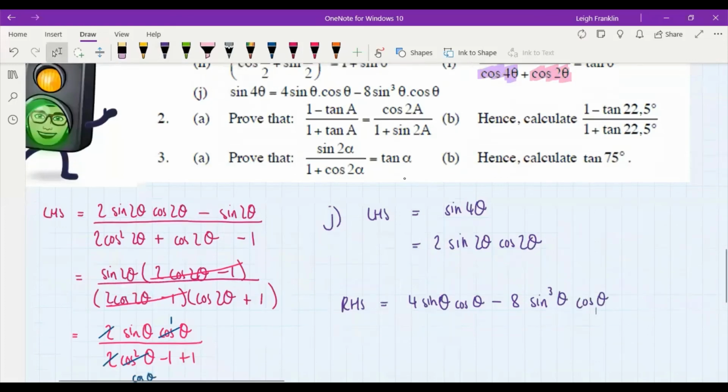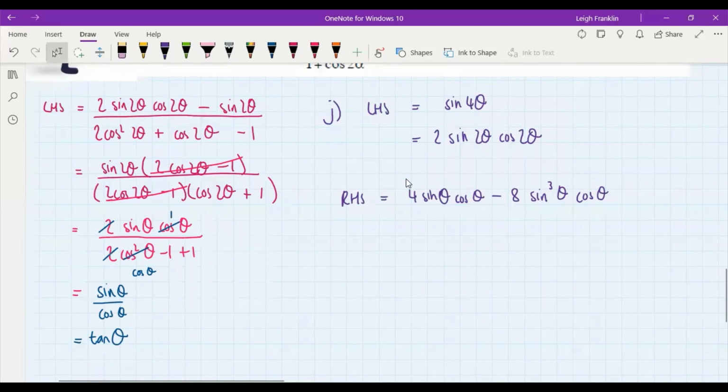Okay, so now what can I take out as a highest common factor on the right-hand side? Well, I can certainly take out 4, and I can take out sine theta cos theta, can't I? Okay, so what does that leave me with? It leaves me with 1 minus 2 sine squared theta. Let me just double check that that's correct. So 4 sine theta can jump 1, 4 times 2 is 8, sine squared.